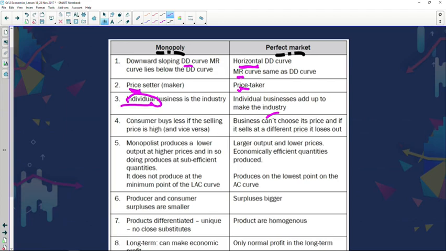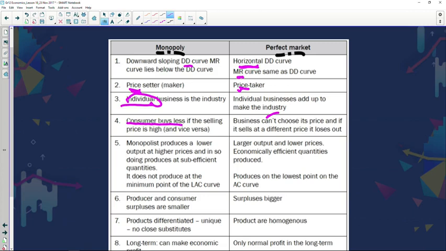Also a point to note about consumers: the consumer buys less if the selling price is high and vice versa. So if the price is high, the consumer is going to buy less of the goods and services available at this market.